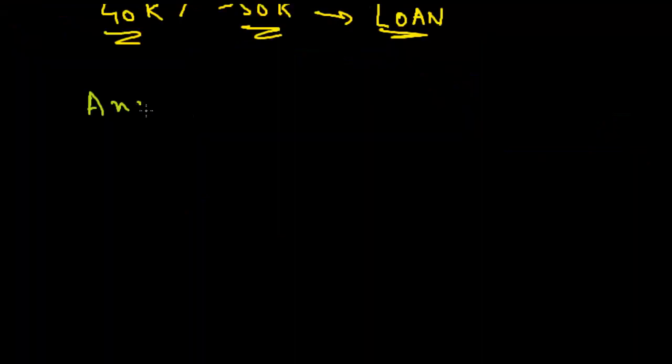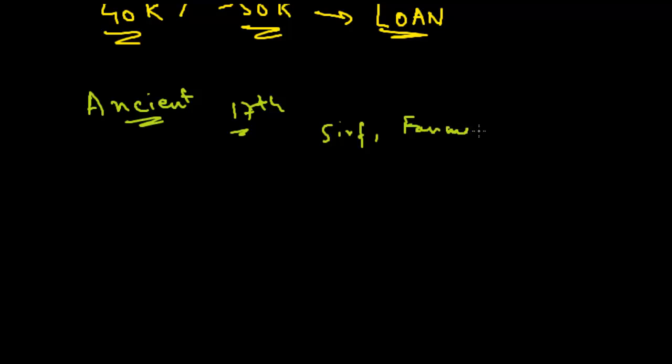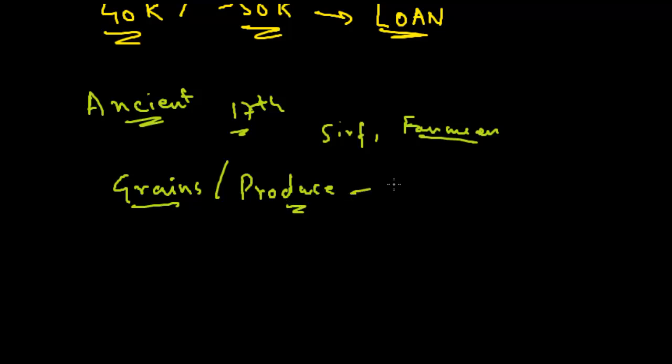If we remember the ancient or colonial time, or the 17th or 18th century, the feudal serfs or farmers had to pay a fixed amount of grains or produce, whatever they were growing, to the king or to the masters, no matter whether they were producing that much or not.